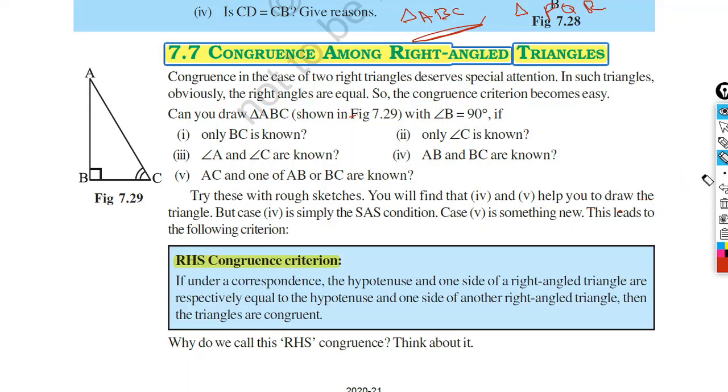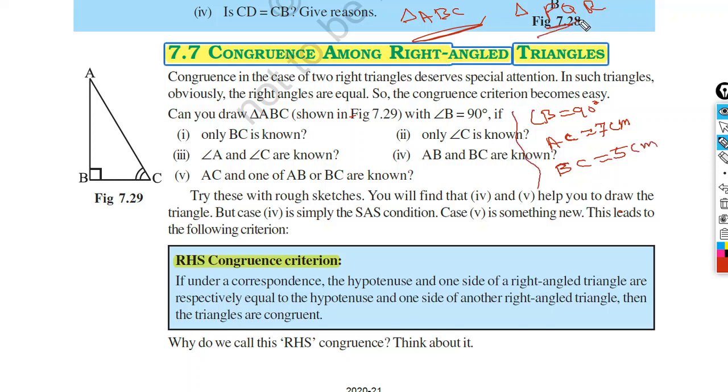Suppose you are given, in triangle ABC, angle B is equal to 90 degrees. Then AC must be the hypotenuse. AC is equal to, suppose, 7 cm, and one side, suppose BC, is equal to 5 cm. So this is the data for triangle ABC.